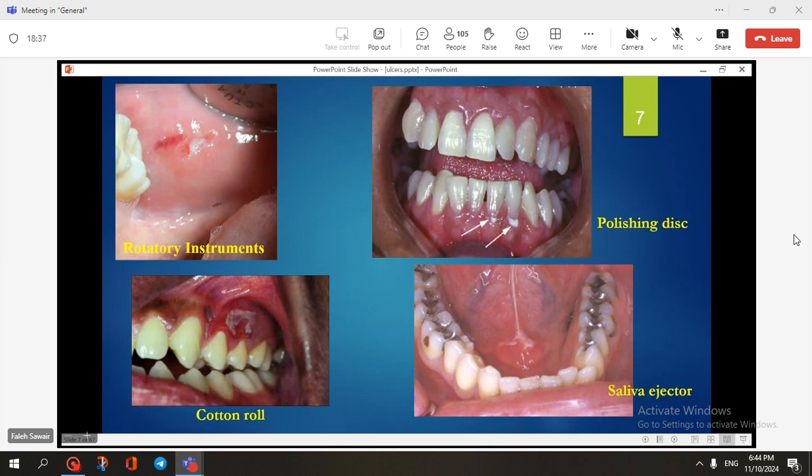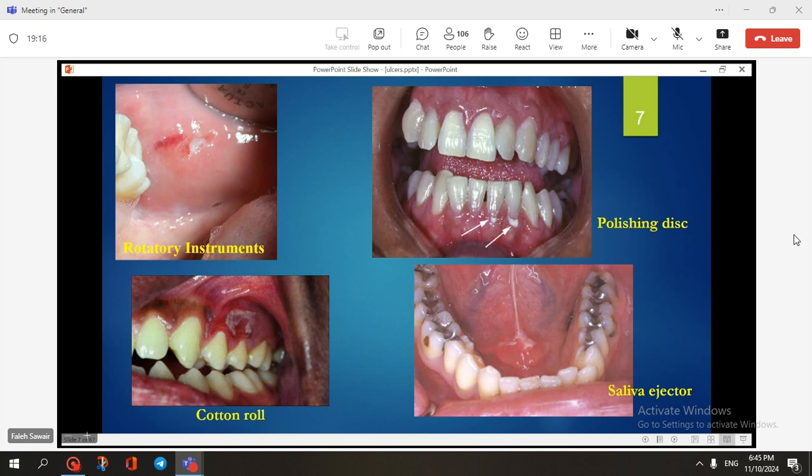Also, lower left, you can see an ulcer as a result of a cotton roll. Sometimes you put a cotton roll to isolate the teeth during restoration, and the patient is anxious and stressed. So there will be dryness of the oral cavity, dry mouth. If, after finishing the restoration, you remove the cotton roll quickly, it will sometimes cause loss of the tissue.